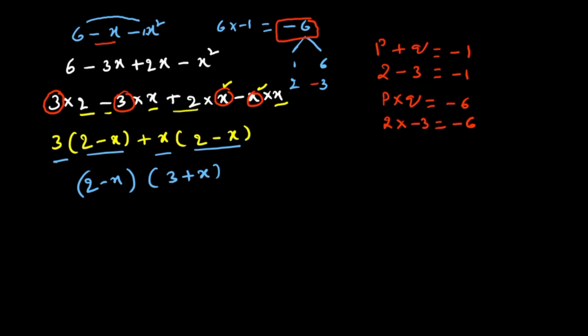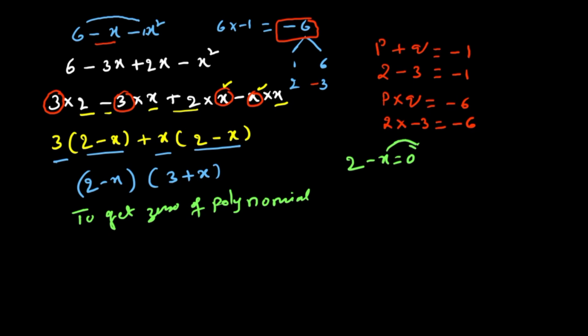To get the zeros of a polynomial, we take 2 - x = 0, then transposing -x, you get 2 = x, that means x = 2.